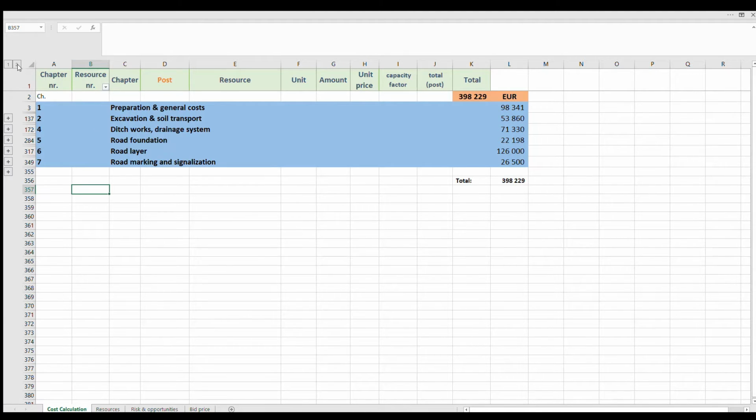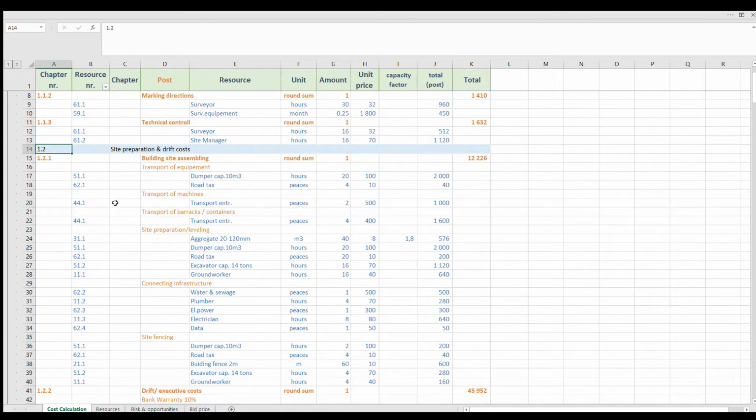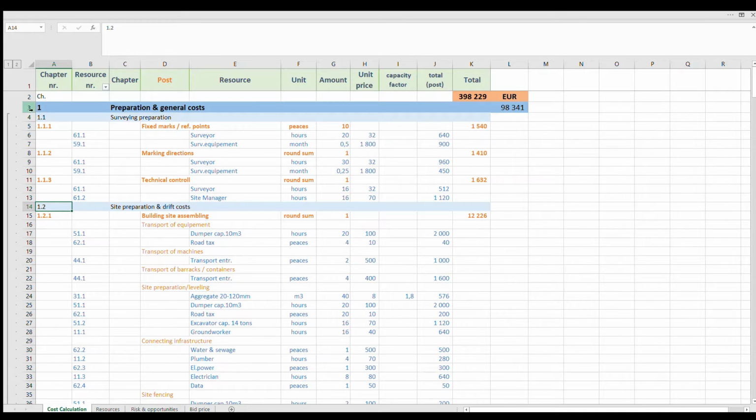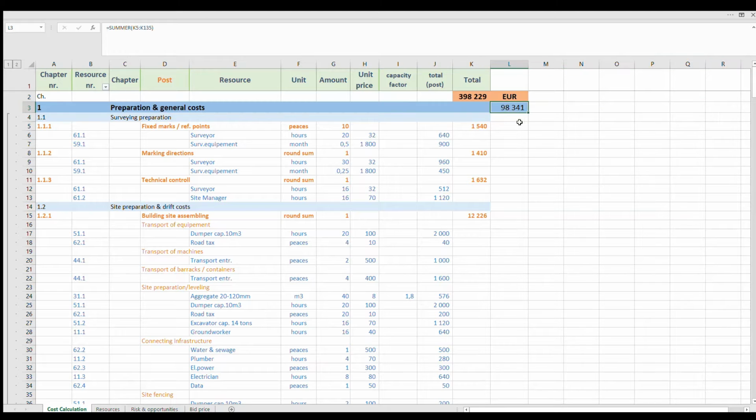Yes, so we can continue now with calculation here. As we were already in this first sub chapter, surveying preparation, we can continue directly with the site preparation drift costs. As I said in the first video, all these chapter preparation general costs can be really big costs.